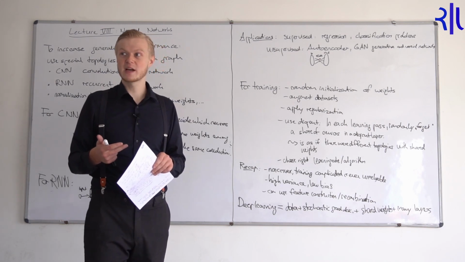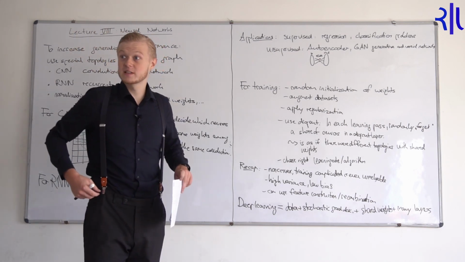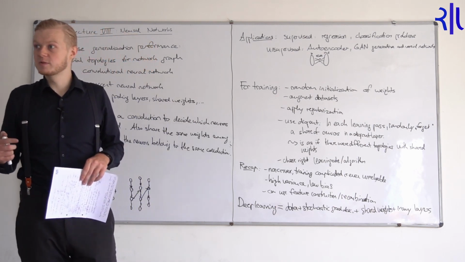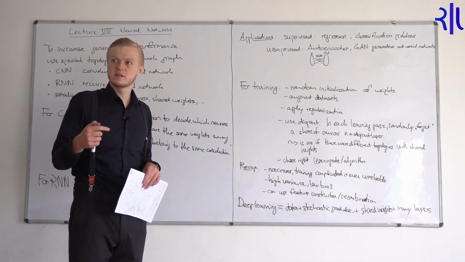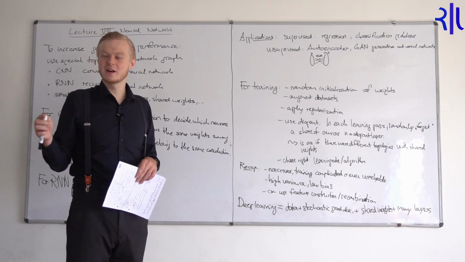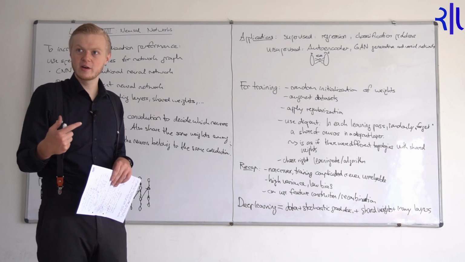And that number can be really huge. With an image with, let's say, 4,000 pixels, all of a sudden you might have something like 4,000 times 1,000, 4 million weights just for one single layer.